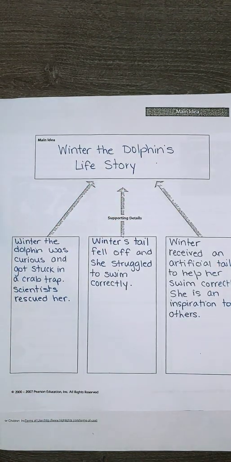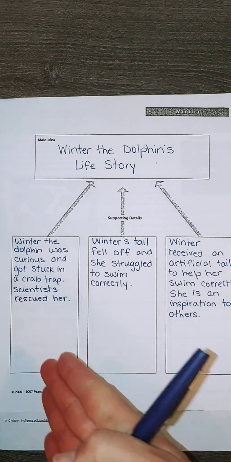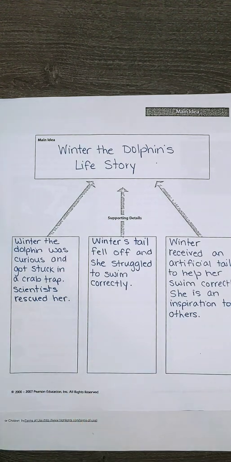So I'm going to summarize and say that this entire article basically gave me Winter the Dolphin's life story. What happened from the beginning and why is she an inspiration today to others? So it's kind of going from that past all the way up into the future.